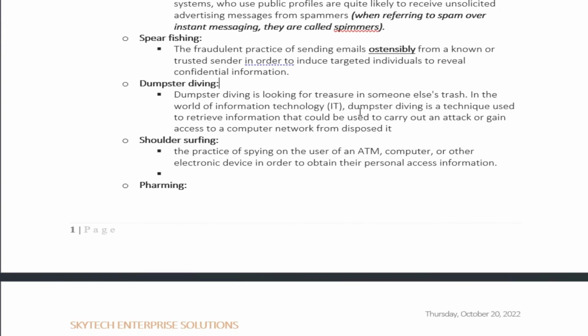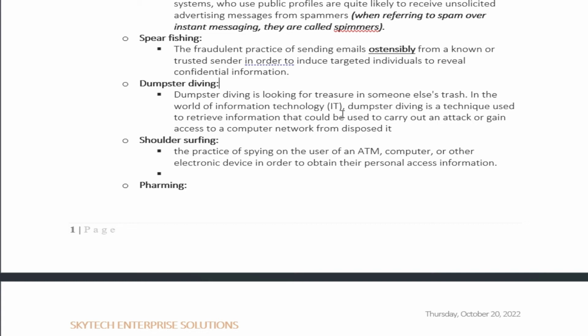All right, the next technique we want to look at is called dumpster diving, and this is obvious, right? Dumpster diving means you're diving into a dumpster. Now, what are you looking for when you dive into a dumpster? You could be looking for food scraps. You could be looking for a ring that you dropped in there.